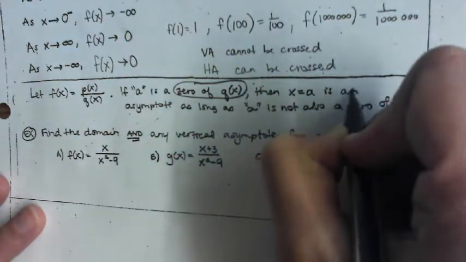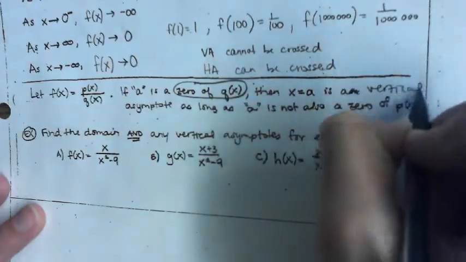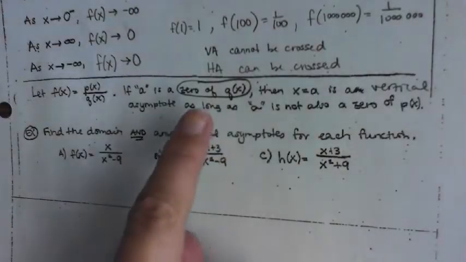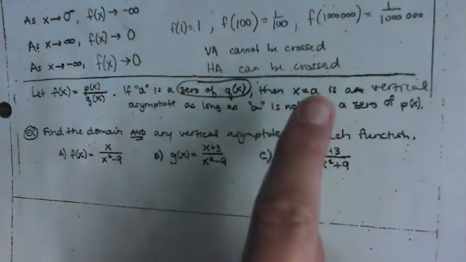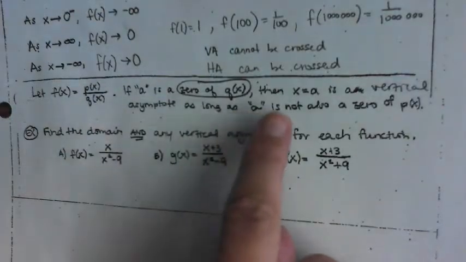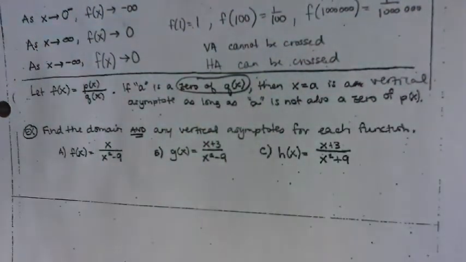It is a vertical asymptote specifically. Your denominators allow you to see your vertical asymptotes. Unless, and that's what the second portion of it is, it's only a vertical asymptote as long as it's not also a 0 of the numerator.